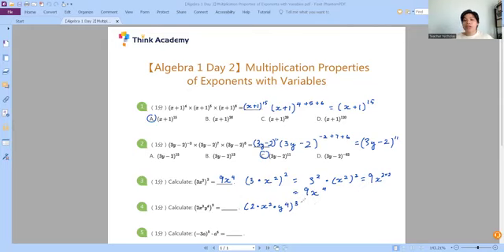I'm going to cube each and every single one of the factors of this term. So here I'll have 2 cubed times x squared cubed times y to the 4th power cubed.